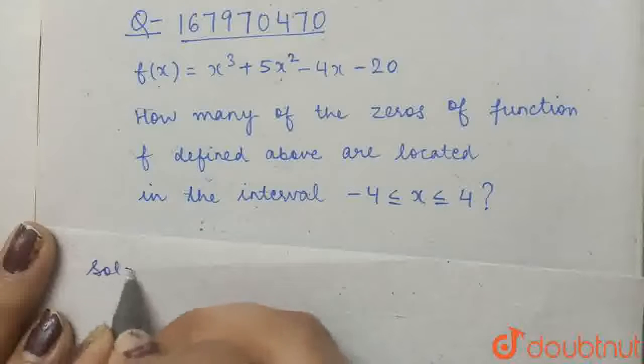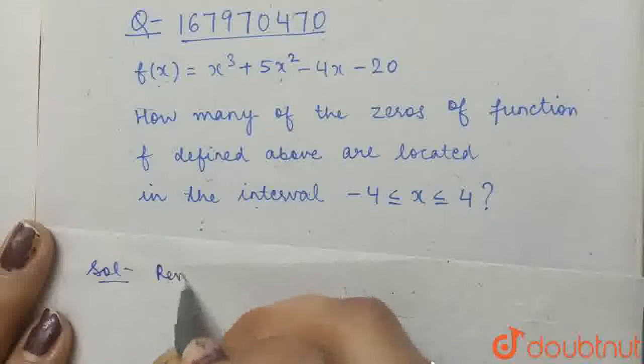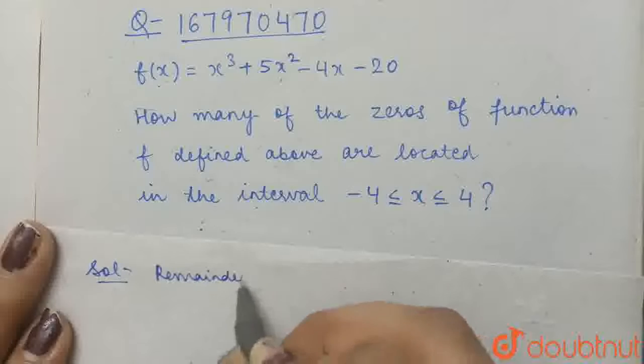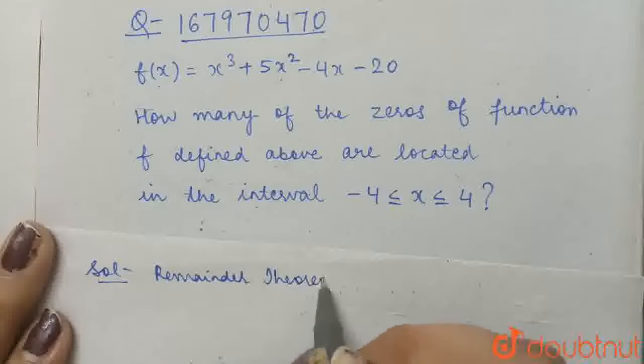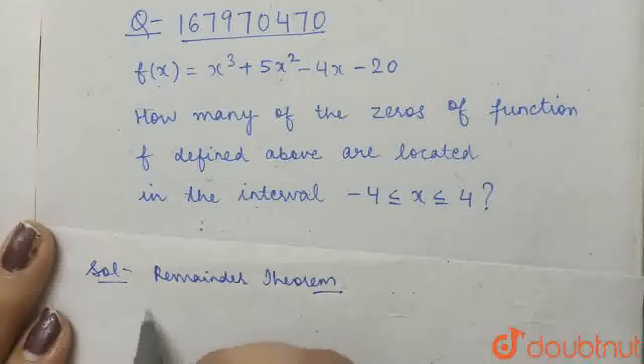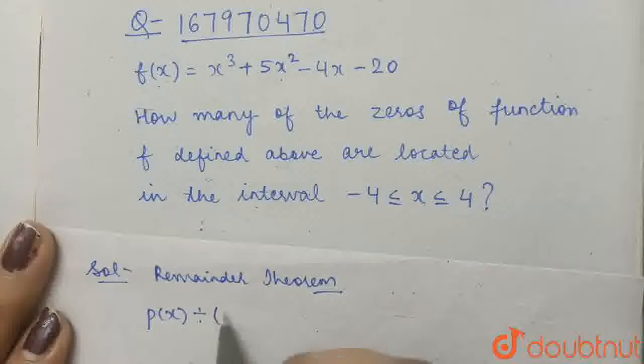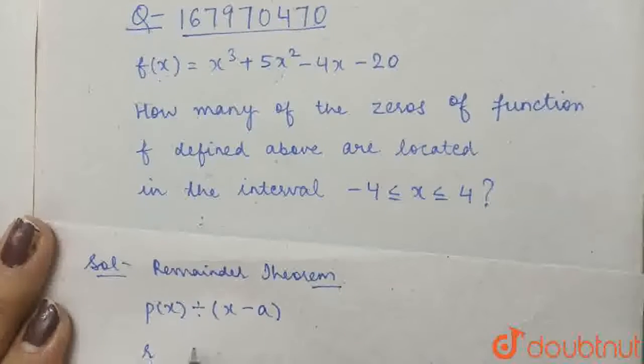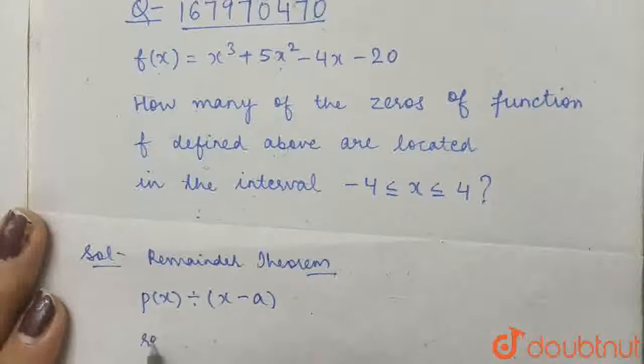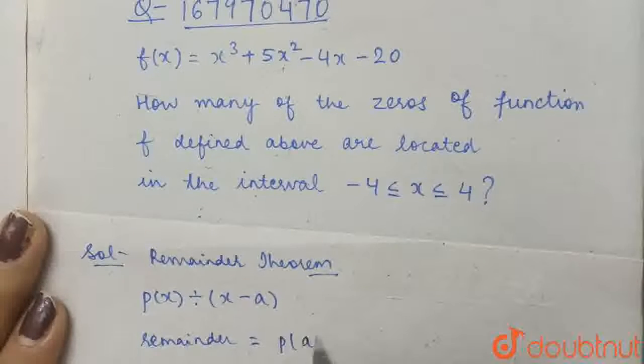So our solution will be, as the remainder theorem for polynomials states that if a polynomial p of x is divided by a polynomial x minus a, then the remainder of this division is given by remainder is equal to p of a.